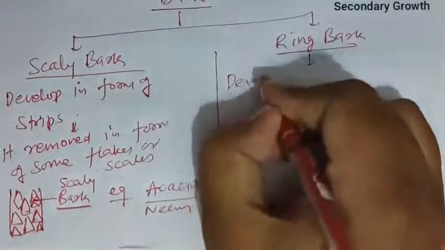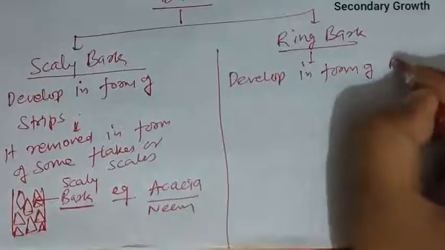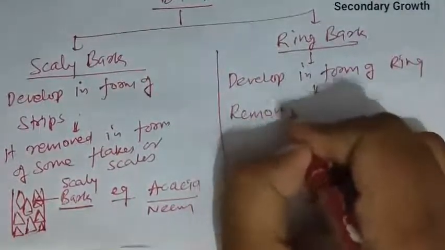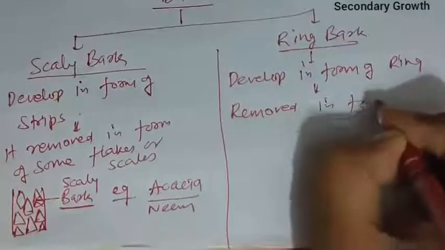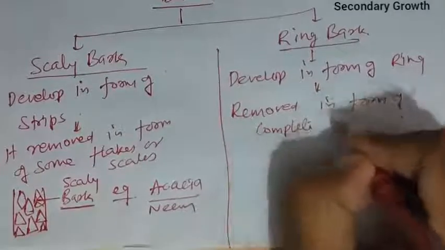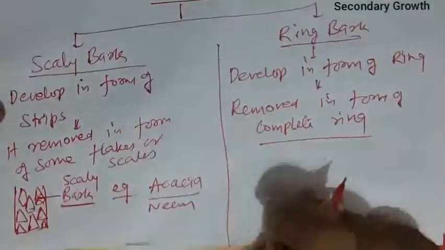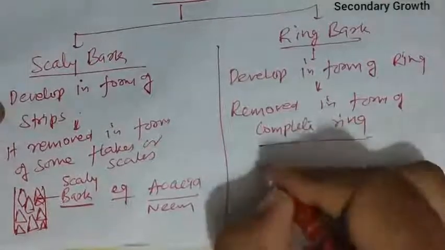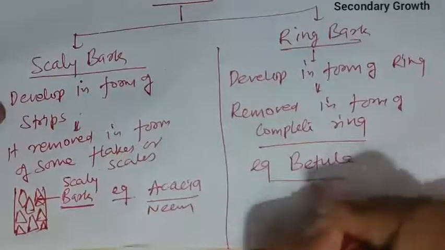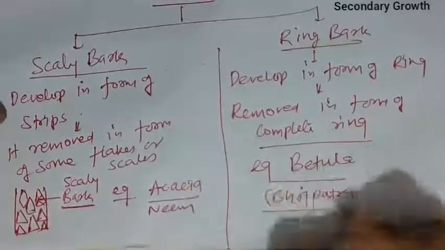Whereas ring bark develops in the form of a ring, so it is removed in the form of a complete ring, then it is known as ring bark. And the example is Betula or bhojpatra.